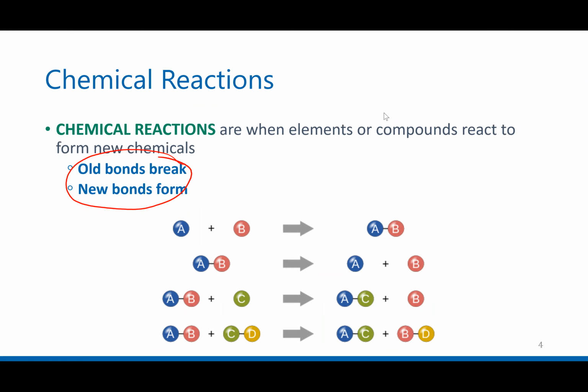Rust is a good example of a chemical reaction. Now, you can clean rust, but say you had a piece of iron and the iron rusted, you can definitely clean the rust and remove it, but you can't easily turn the rust back into the iron.